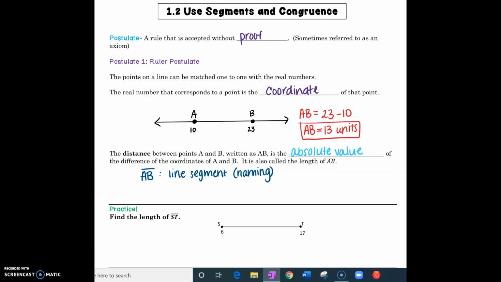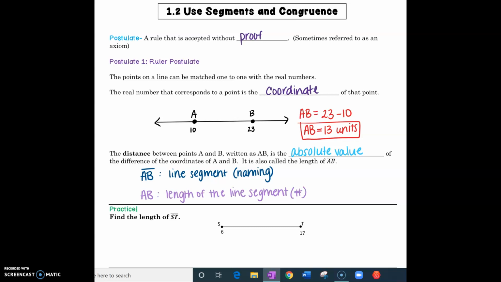When we write AB without the line segment notation above it, we're talking about the length of the line segment. So with the notation, we're naming the line segment. Without the notation, we're talking about the length of the line segment. So a number.